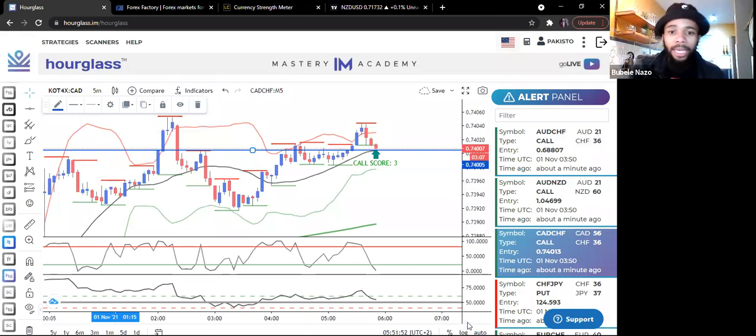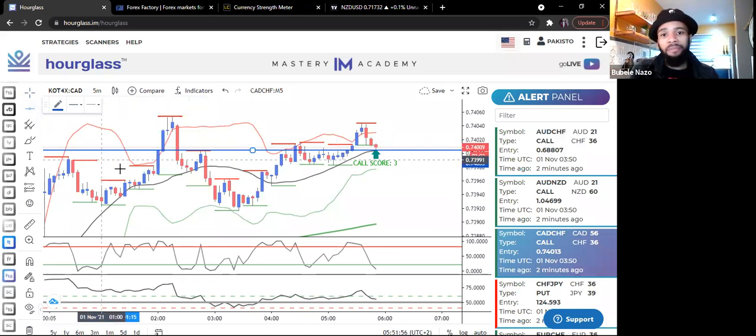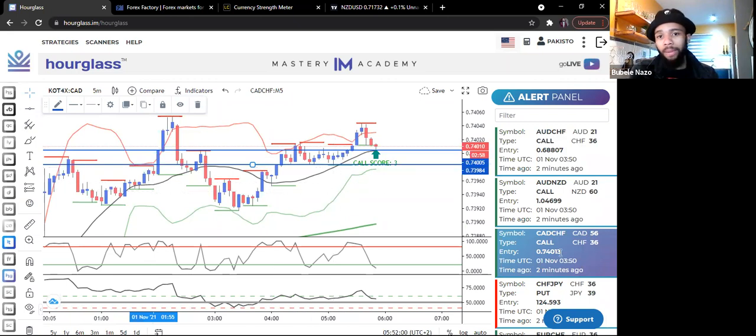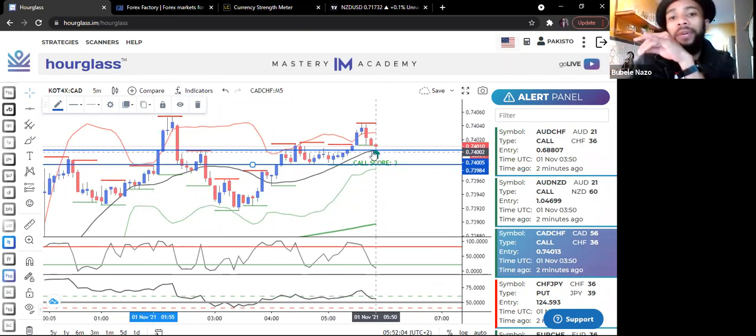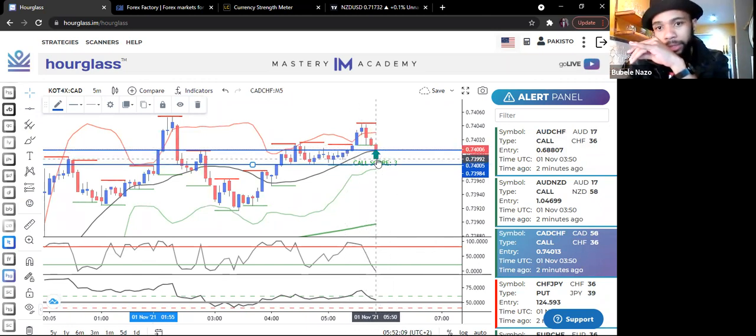So I'm looking at CAD CHF right now. CAD CHF might just probably be our last trade idea for this session. The reason why I'm looking at CAD CHF, can you see that firstly, every time it jumps down into this level, it respects the zone. It jumps in, and then it pushes back up.